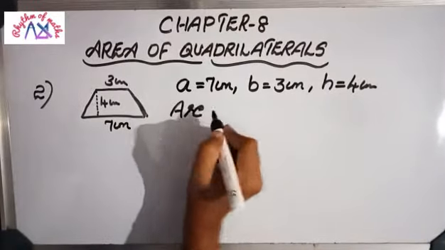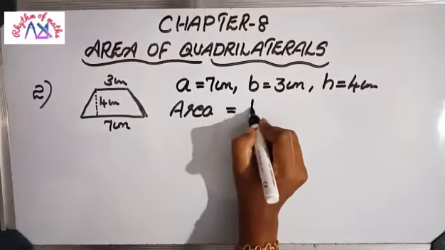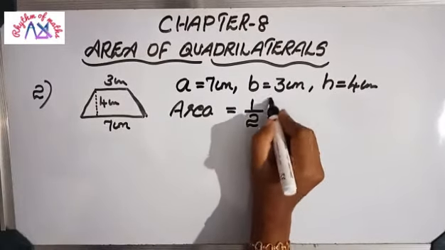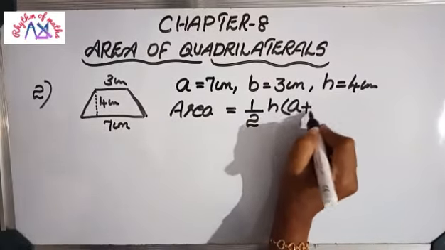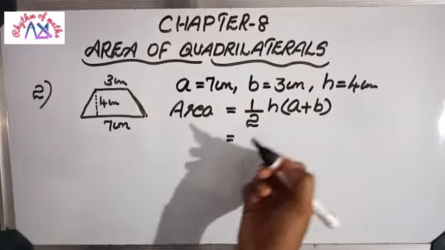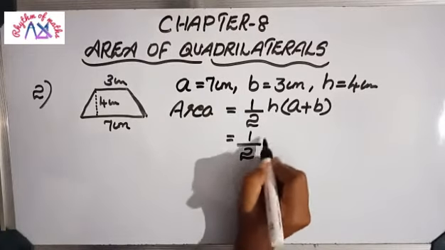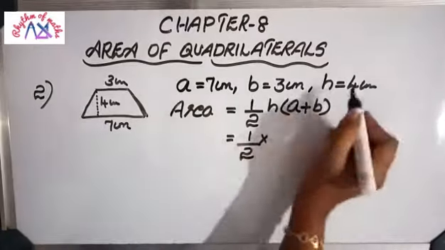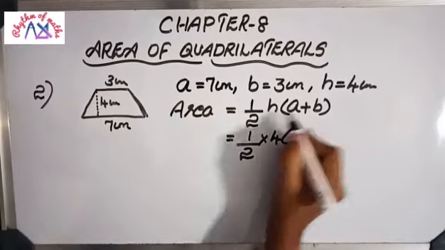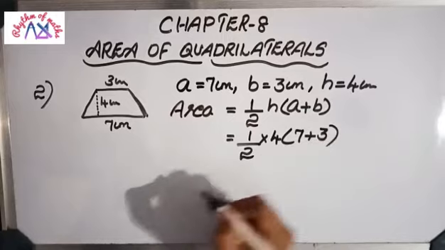We want to find the area of this trapezium. What is the equation for area of trapezium? Half h into a plus b. Learn all the equations by heart, you will use this in higher classes. So half h into a plus b. Now half into h is what? Height, that is 4. 4 into a means 7 plus b means 3.